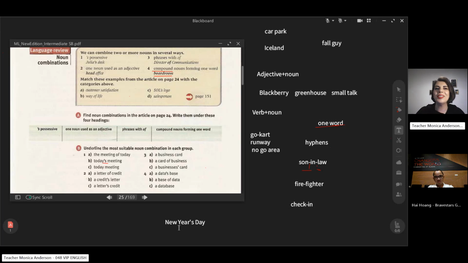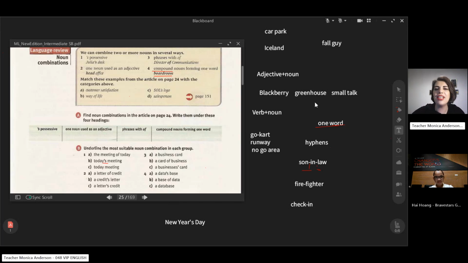Which one? Mothers-in-law. Yes, because with sister-in-law, brother-in-law, mother-in-law, you need to make the first part plural: sisters-in-law, mothers-in-law, brothers-in-law. Not in-laws, just brothers, sisters, or mothers, okay?